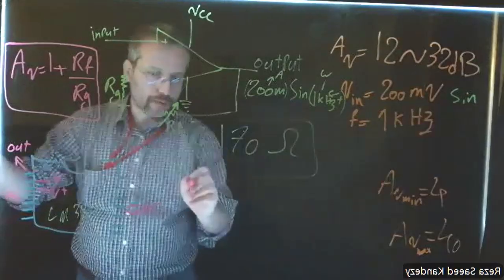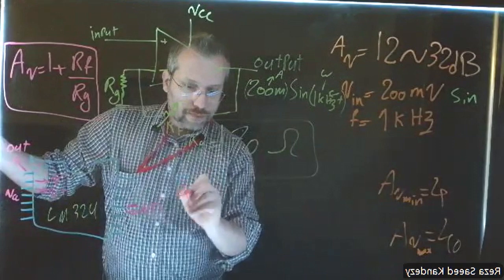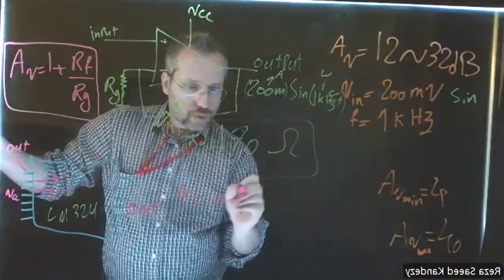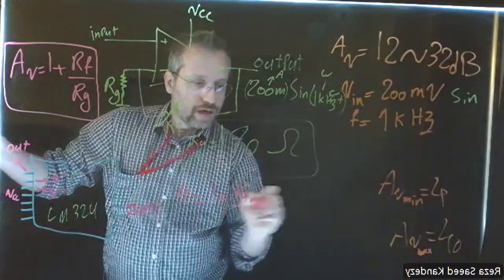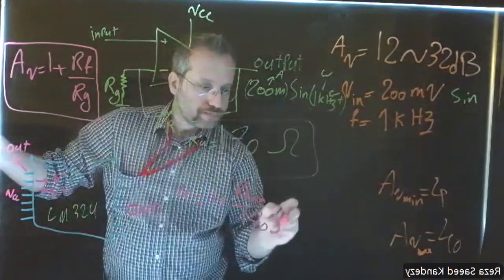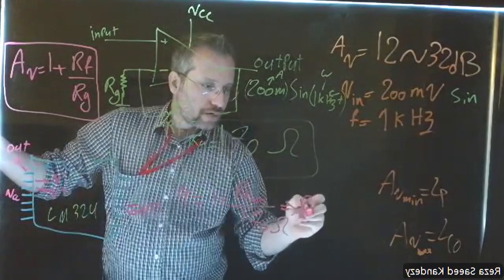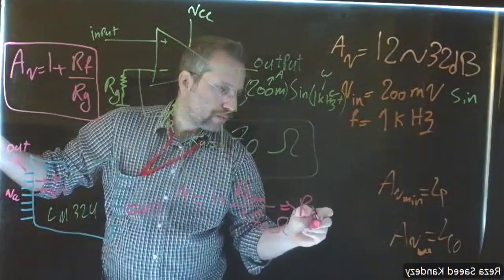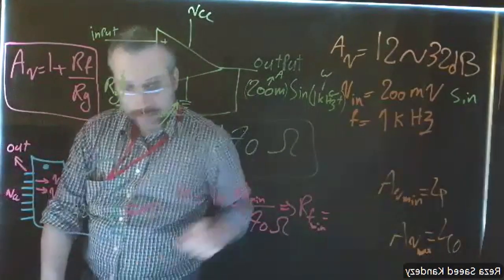So for the minimum, 4 is going to be equal to 1 plus RF of the minimum gain over our RG, which is 170 ohm. So basically our feedback resistance for minimum gain is going to be, let me calculate that. And what is it?